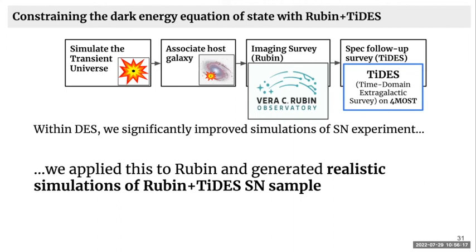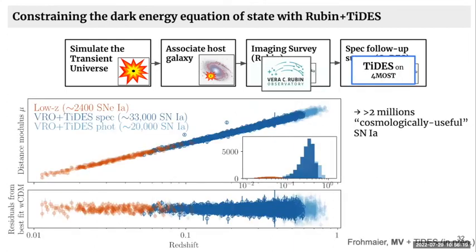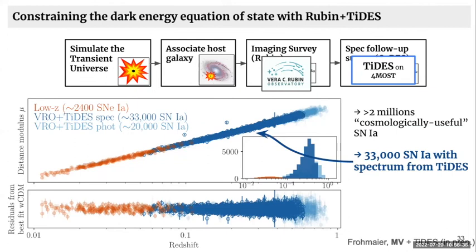This was a very powerful exercise. It allowed us to build predictions of what kind of cosmology we expect to do with LSST. This is the gigantic Hubble diagram that we hope to see in 5 to 10 years. It includes roughly 30,000 supernovae Ia that will be spectroscopically identified as Ia from TiDES, using TiDES spectra.